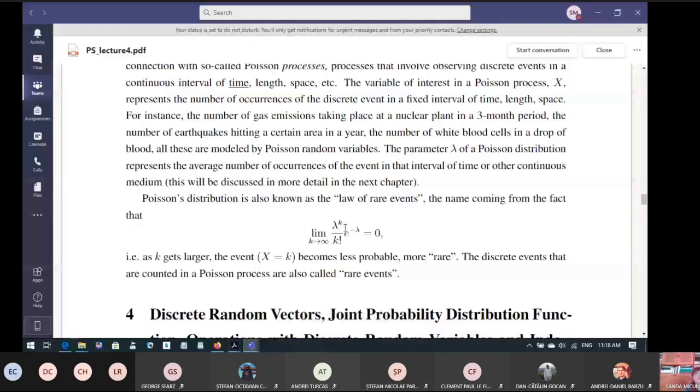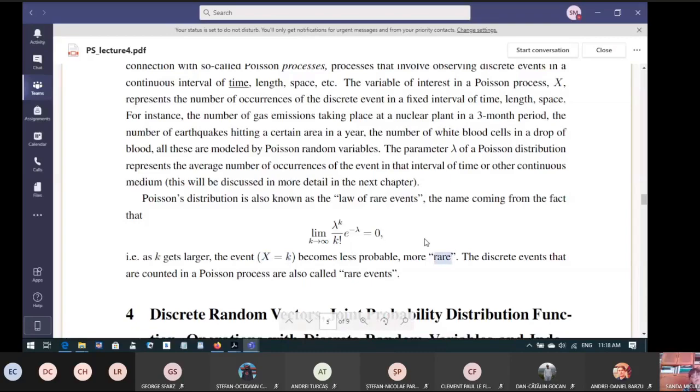Now, how do we interpret that? The probability gets smaller and smaller. Well, that simply means that the event becomes less and less probable, right? Small probability means it's not very likely to occur. So less probable, not very likely, that makes it more rare, right?